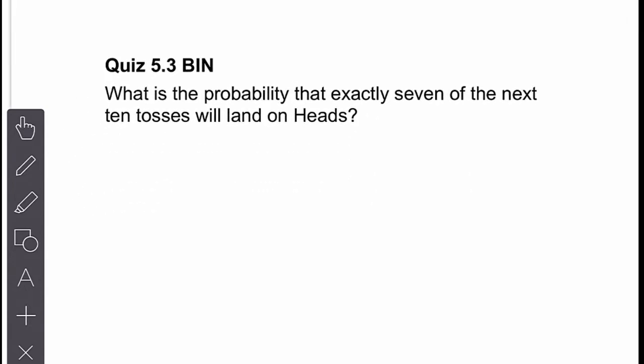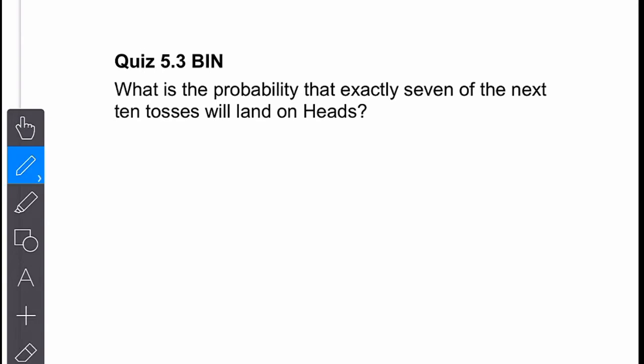Next one, another binomial. For this one, what is the probability that exactly 7 of the next 10 tosses will land on heads?